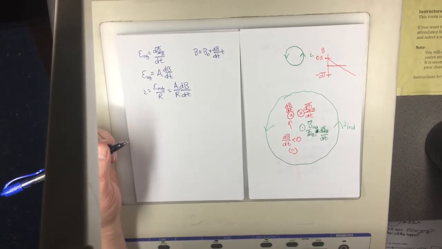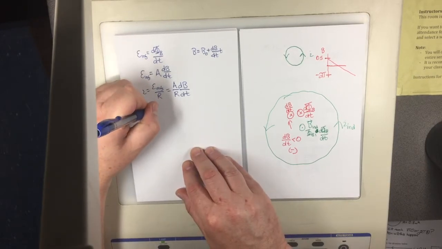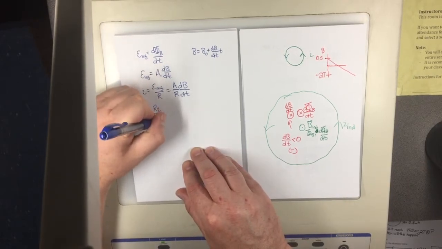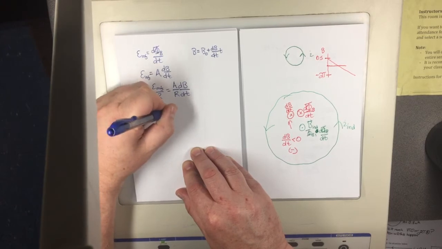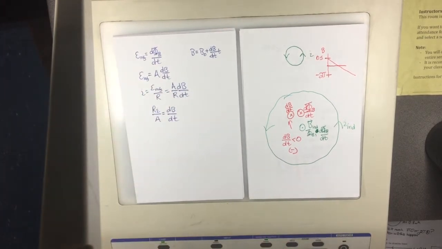So I have my A, I have my R and I, so Ri over A is equal to dB dt. So already we know the answer is it will reach negative 2 Tesla first.